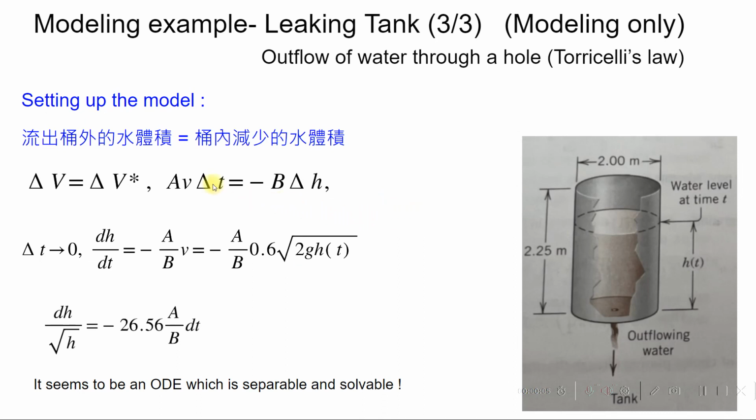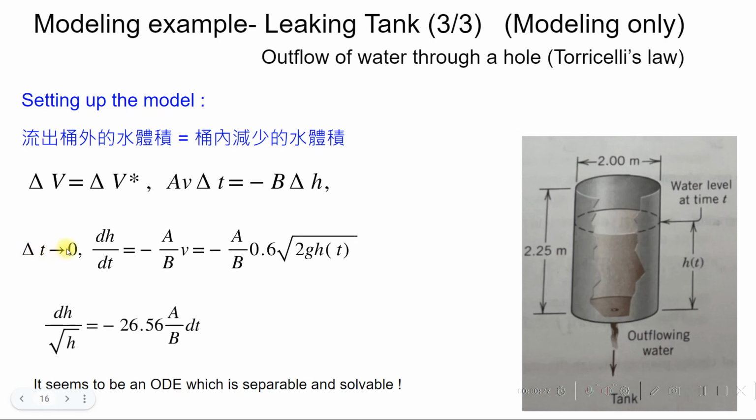Earlier, by equating delta V and delta V star, we got this expression, which seems very promising to get h of t and h prime of t. So let's try.